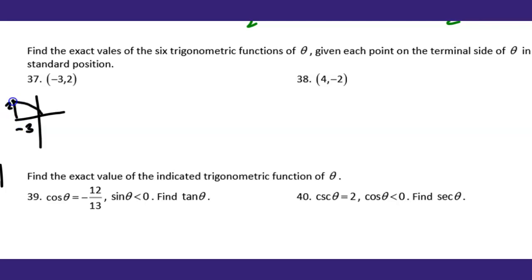So there is my triangle. There's theta. So I use the Pythagorean Theorem. Negative 2 squared is 4. 3 squared is 9. 4 plus 9 is going to be 13. Square root 13.